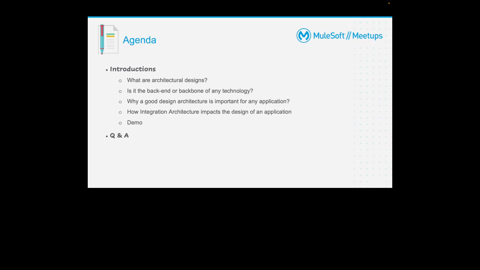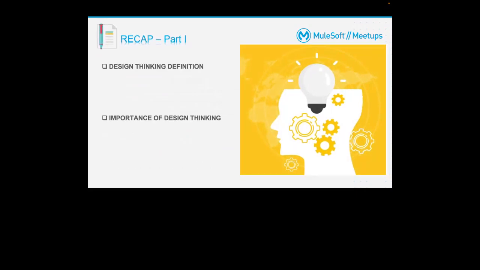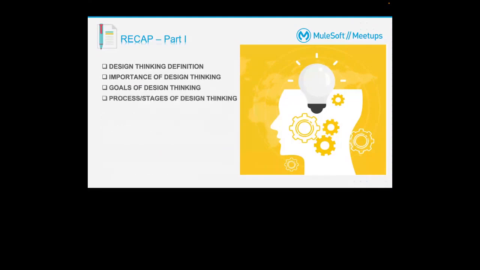Let's take a recap of what we discussed in part one. We discussed the design thinking definition, the importance of design thinking, and the goals, process, and stages of design thinking. We discussed the definition of a good design and the different prescribed models for design thinking.